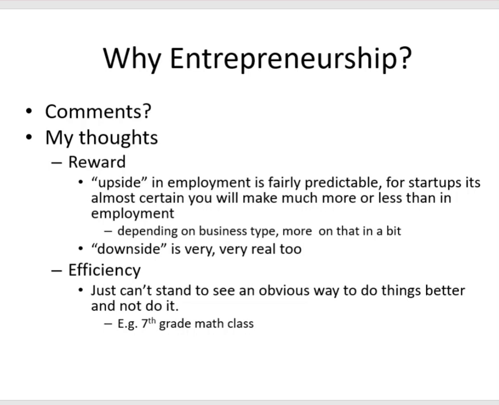In 7th grade, I had a math class, and the teacher had a grading scale where you got a 4 for an A on your homework, 3 for a B, 2 for a C, 1 for a D. Very simple, right? And even better, if you just did your homework, you got 4 points just for doing it.